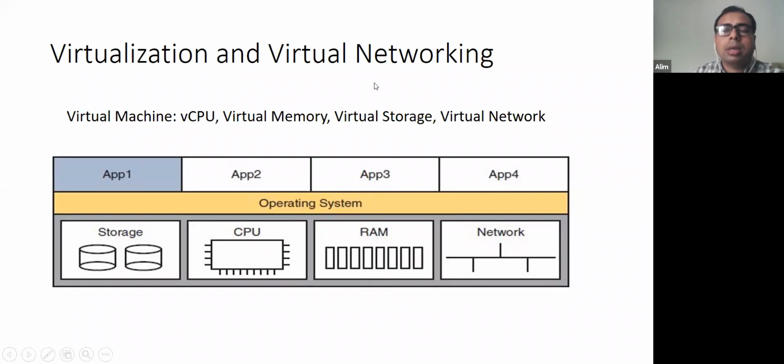Then we create virtual machines, different virtual machines. Say we need 10 servers. We just create 10 virtual servers or virtual machines and install the application on those virtual machines.